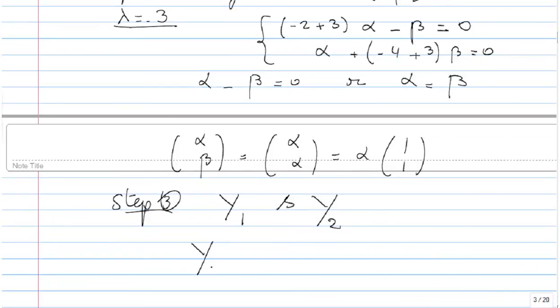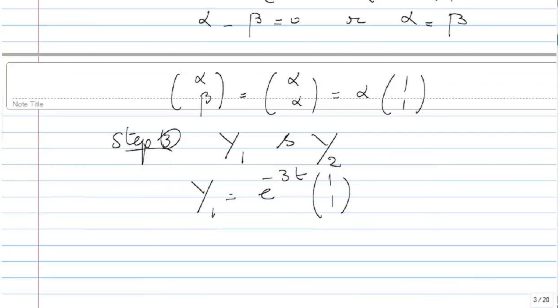Y1 is the straight line solution, e to the minus 3t times the eigenvector 1, 1. This is one solution, and we need to find Y2. We are in the double case, so Y2 is equal to t times Y1 plus e to the lambda t times x0, y0.